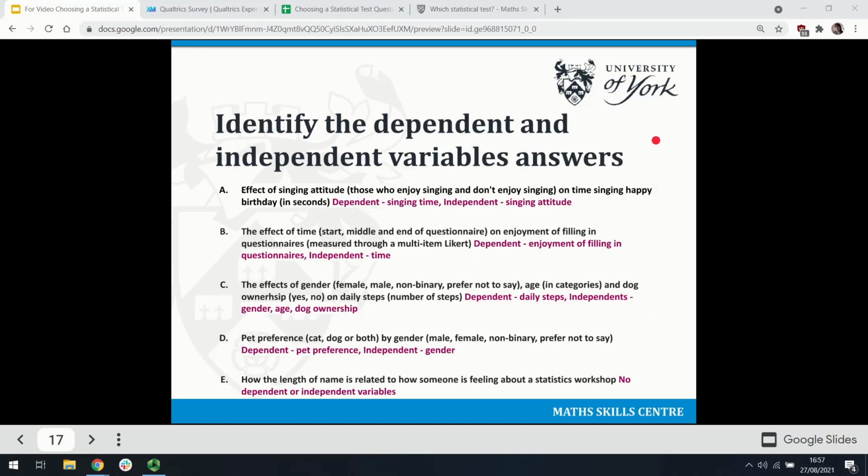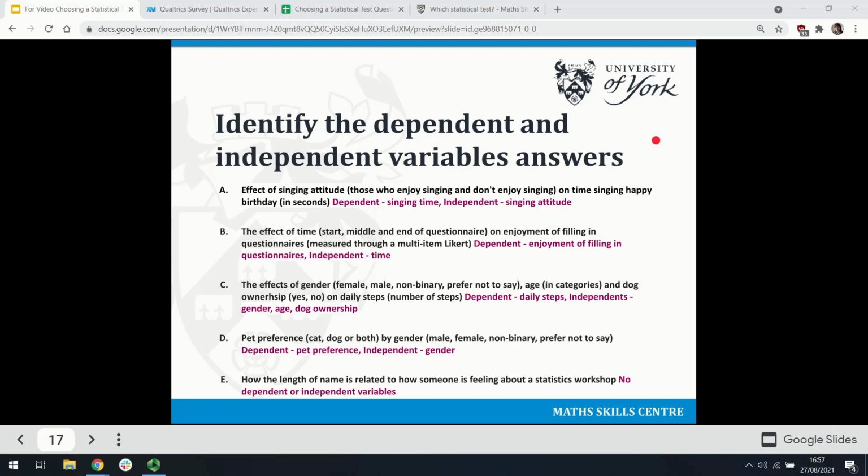Okay, so we've done the first one. Here are the answers for the rest of them. So the first one, what we're saying is that the time affects how much you're enjoying filling in a questionnaire. So maybe we might be imagining that, say, at the start of the questionnaire, you're quite enjoying filling it in.